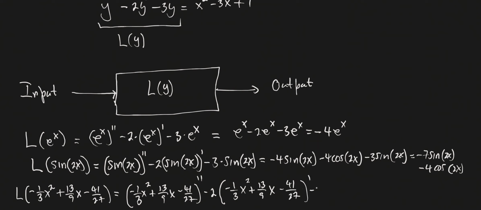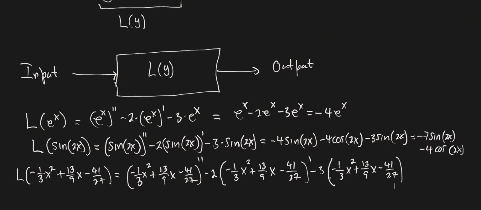And then it's going to take minus 3 times that function, the negative 1/3 x squared plus 13 over 9x minus 41 over 27. So let's see if we can simplify this.